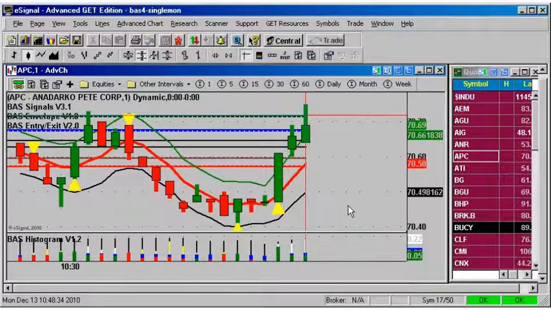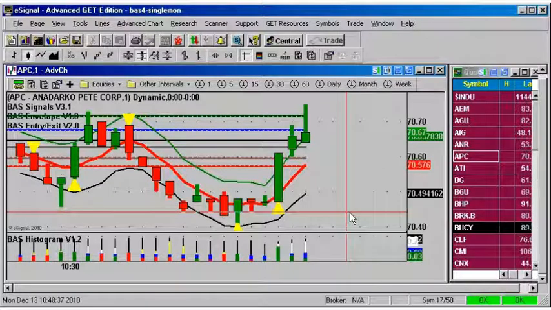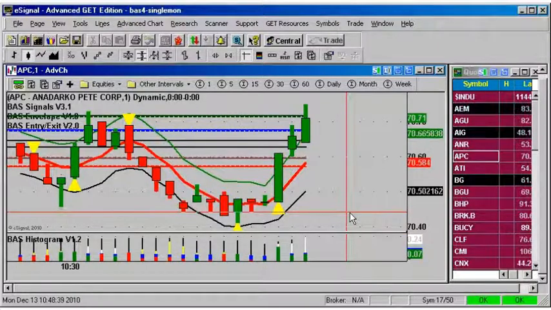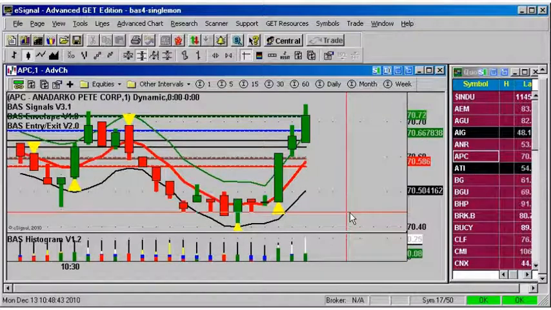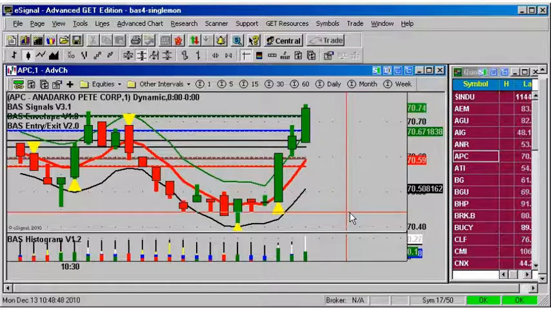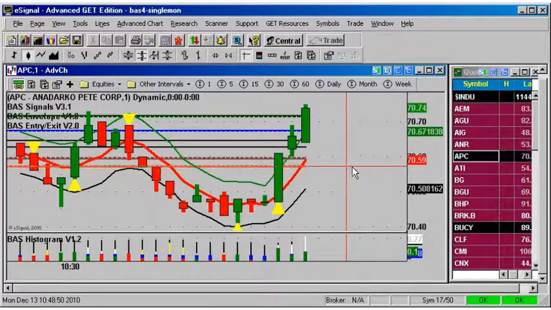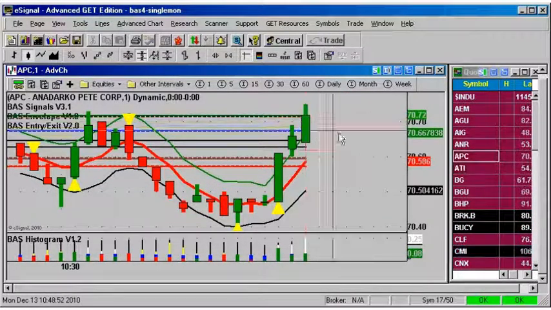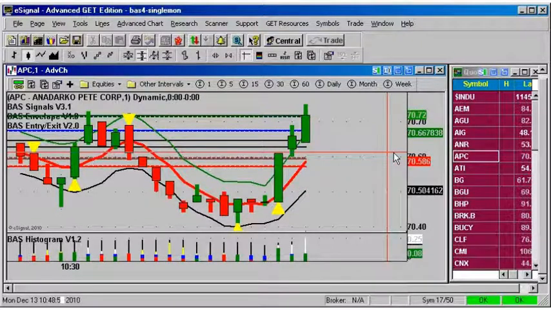So you would have got out at that point. And we did it again. So if you missed the first chance, you'd be clicking fast to get out right there. So it's a very good example.